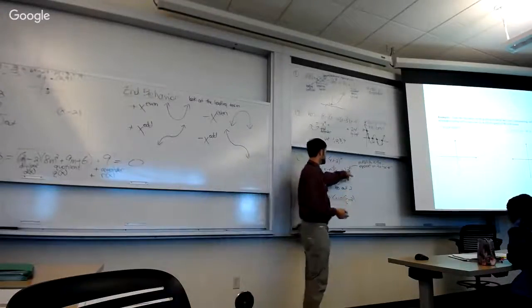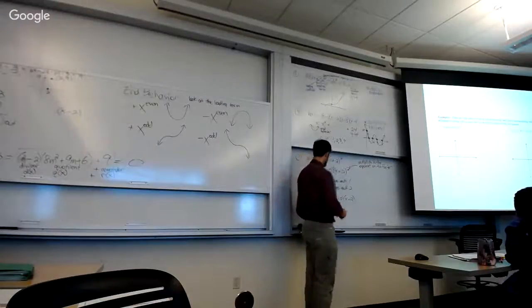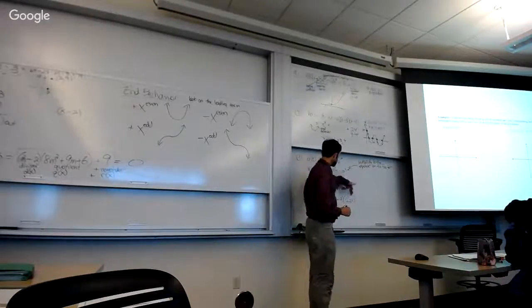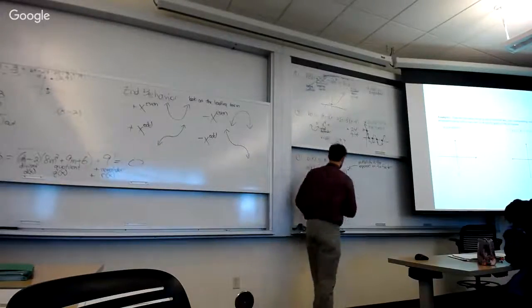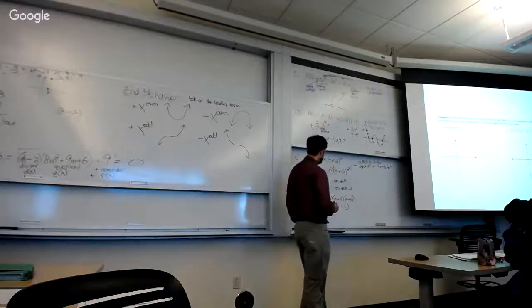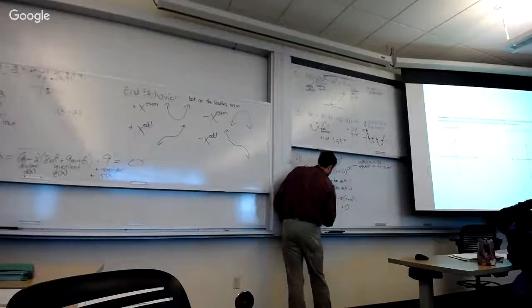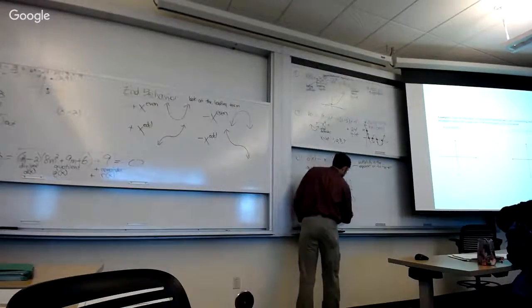You can't do that with a 2 right there. It needs to be written out. So x times x times x is x cubed. And then the last term, 2 times 2 times 0, is 0. So in other words, our end behavior is an x cubed, which looks like that. And our y-intercept is 0.